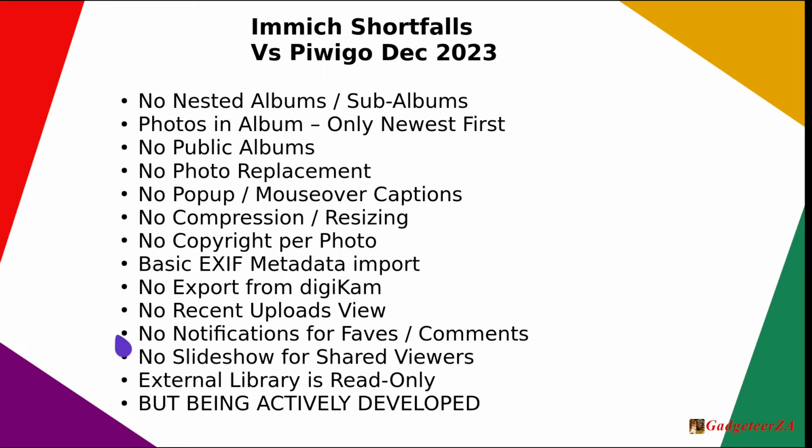Then it does have, for logged in users, in other words if you've shared to named registered users on the site, they can fave photos and they can leave comments. I'll try to find where they are, but it only shows you at the album level that there are 3 comments and maybe some faves.